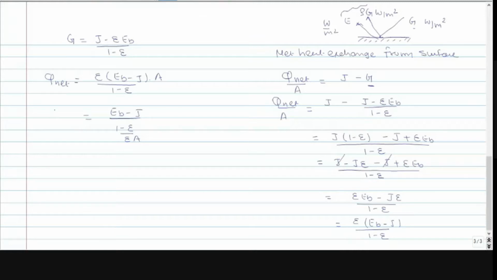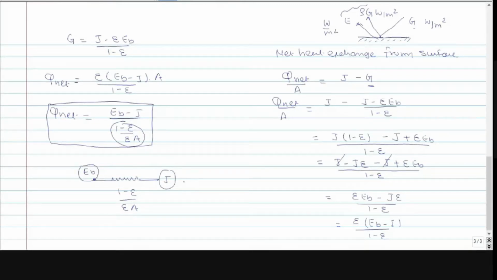Now I want to represent the expression that we have derived over here in mathematical form. It becomes: this is the point where my emissive power is EB of black surfaces, then the resistance happens, and here it becomes J. So we have to divide this expression by 1 minus E upon E into A. So this is the emissive power of black surfaces, and that J is the radiosity which is defined for non-black surfaces.